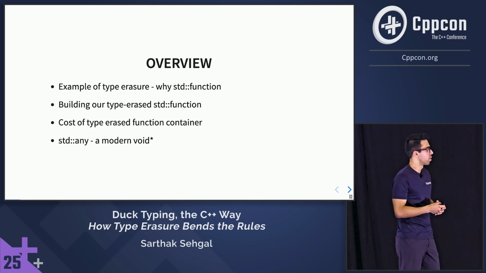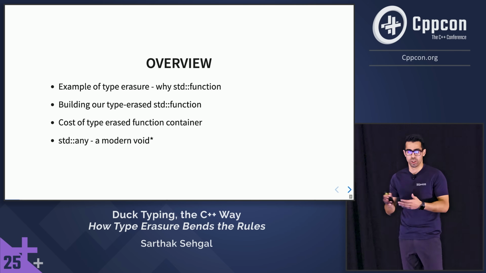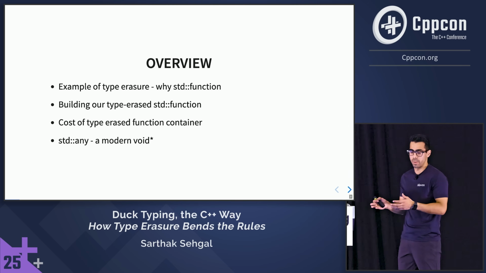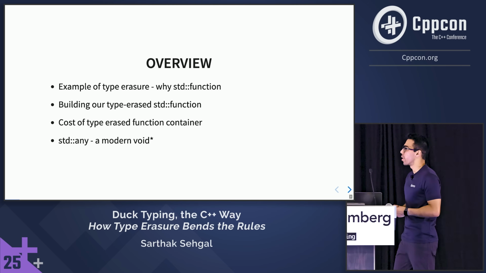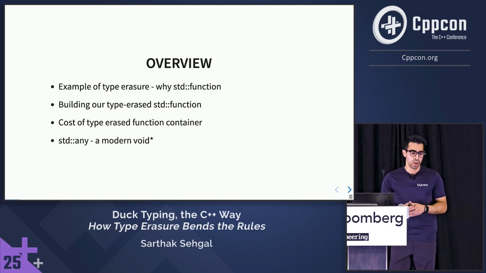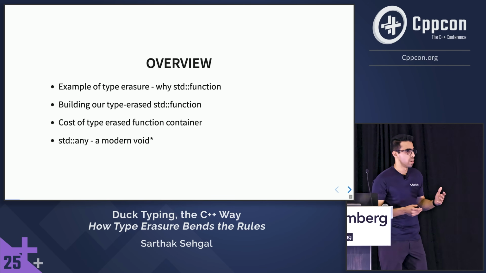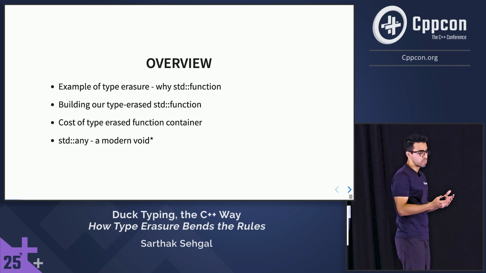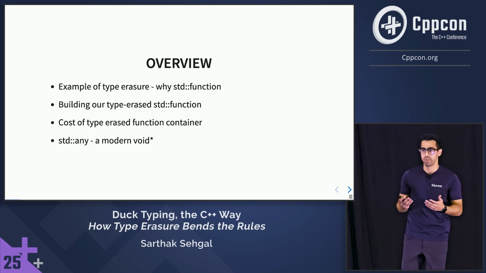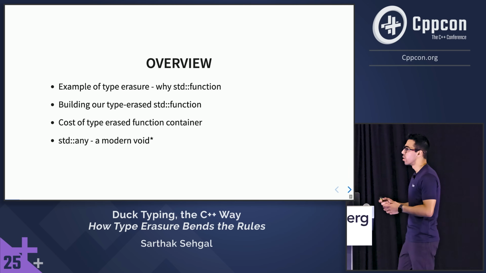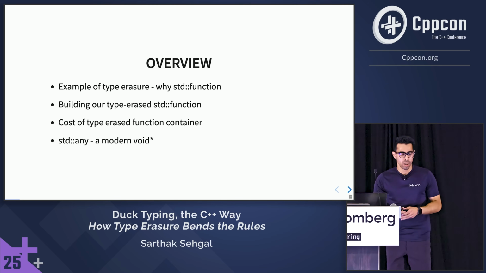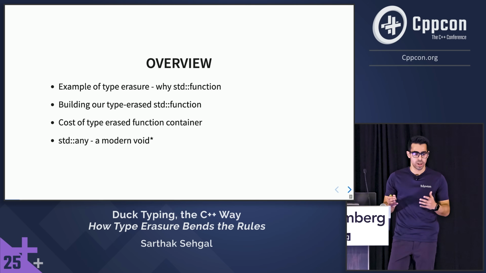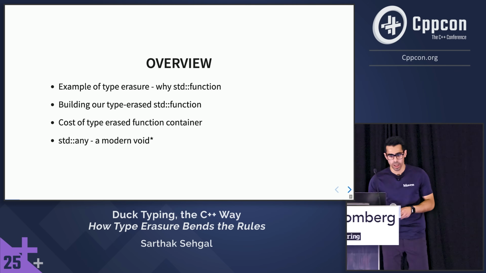Then I'm going to talk about the specific implementation that I show, and what the runtime cost of that implementation is. And briefly at the end, I'm going to talk about std::any and another approach to type erasure, a different approach that addresses some of the runtime costs. And at the end, if we have some time, I have some bonus slides about shared type erasure and shared_ptr. So with that, let's get started.